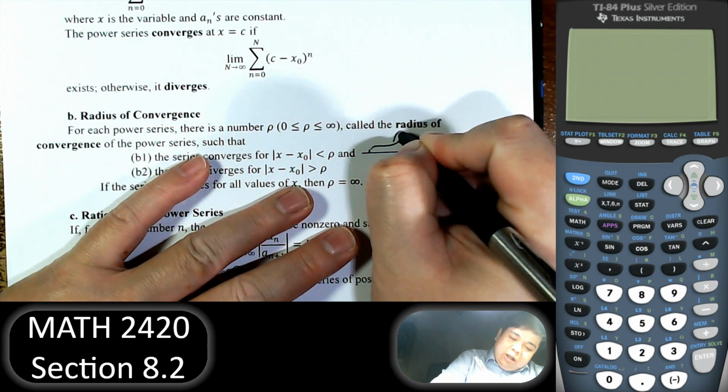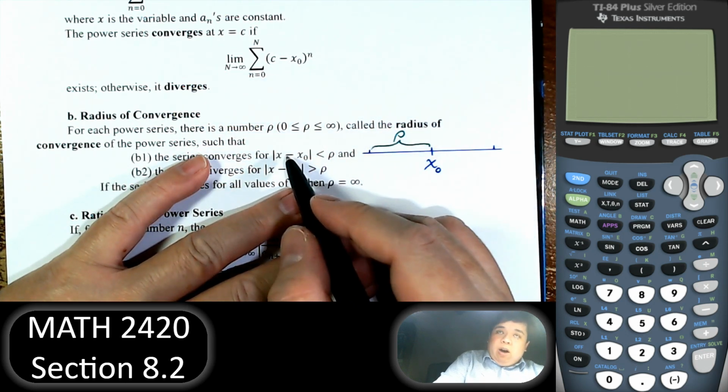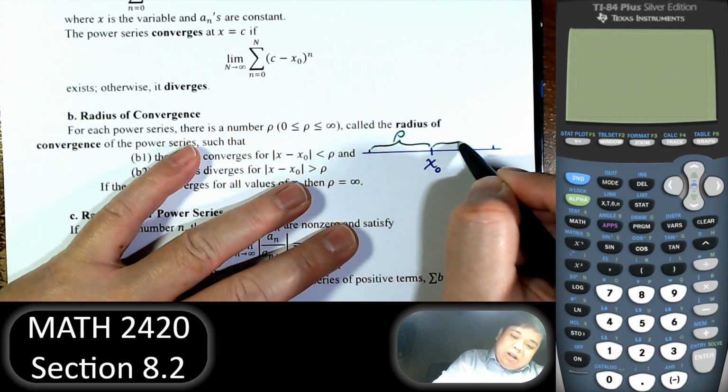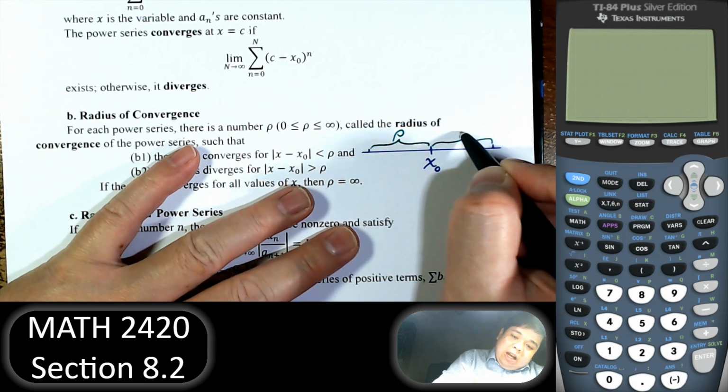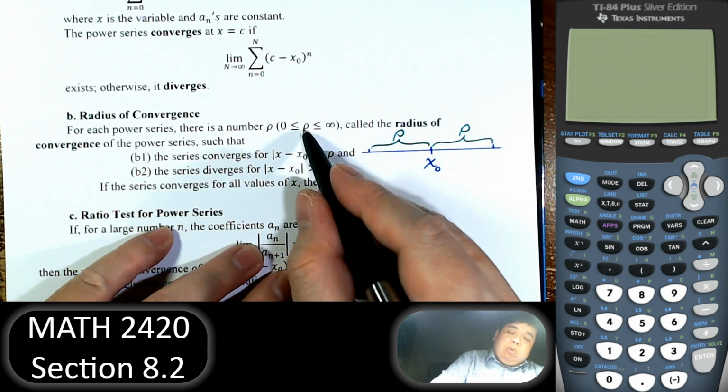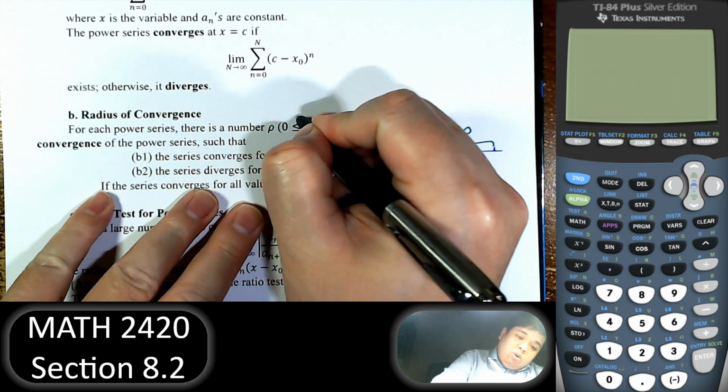So we go rho units on the left side and rho units on the right-hand side. By the way, that is the Greek letter rho.